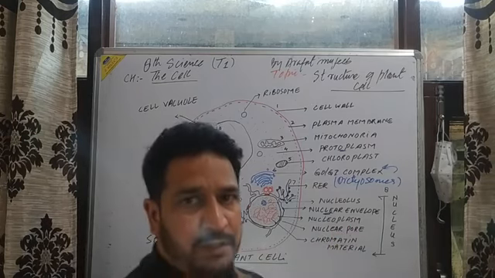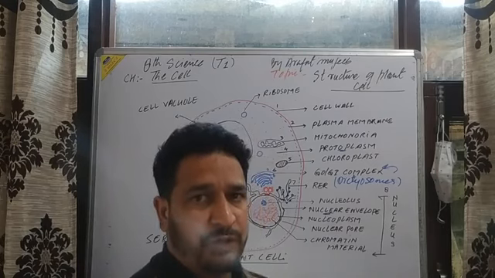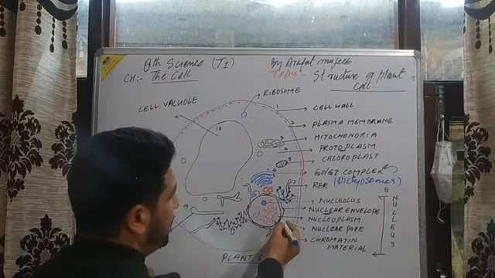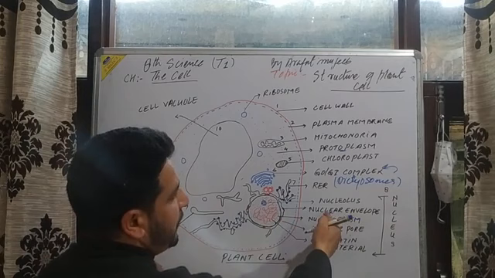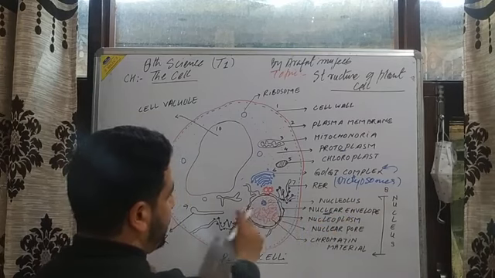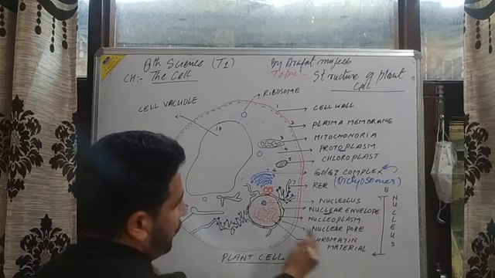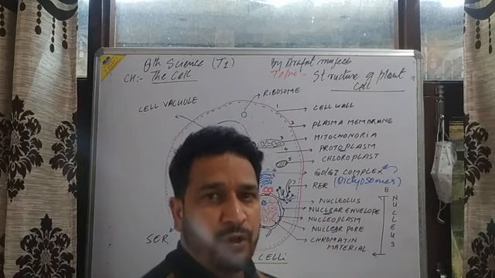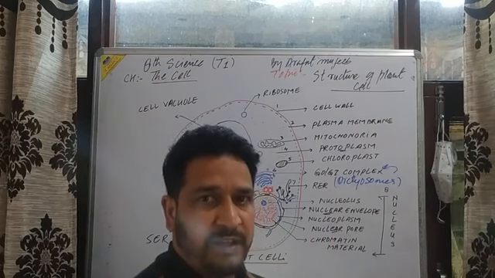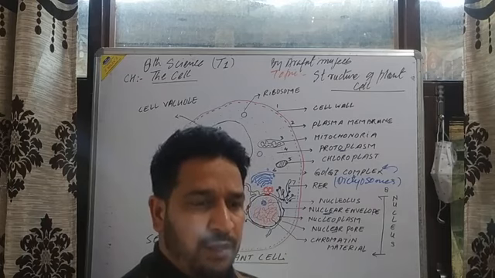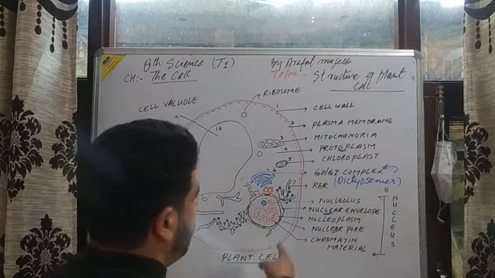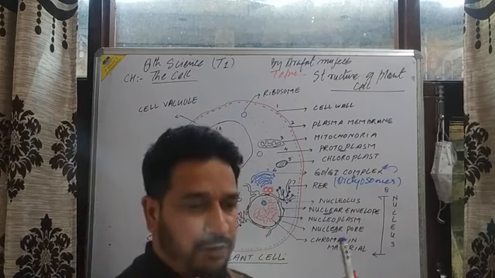Plasm is a jelly like fluid which is found within the nucleus, known as the nucleoplasm. Then on the surface of the nuclear envelope there are pores, which I have shown in red color here. They are known as the nuclear pores, so that whatever biomolecule, protein, lipid, enzyme, hormone or ribosome is made inside the nucleus can come out through these nuclear pores. The nuclear envelope is not completely surrounded.